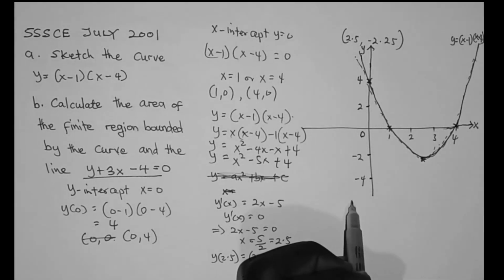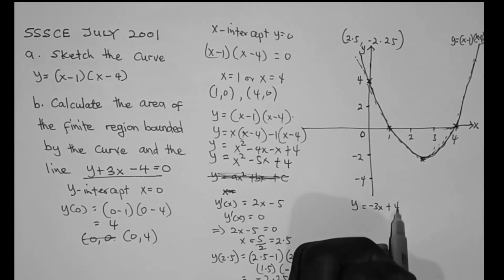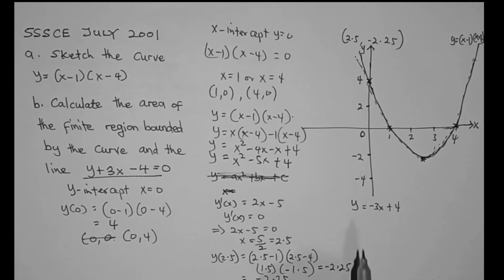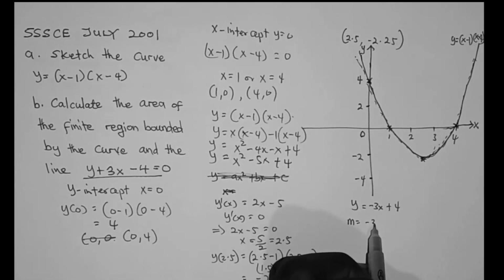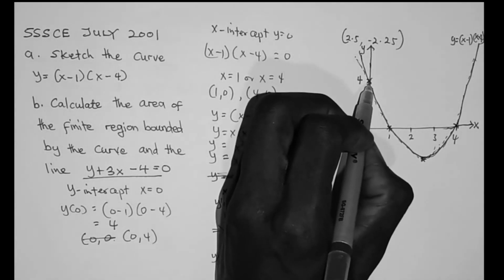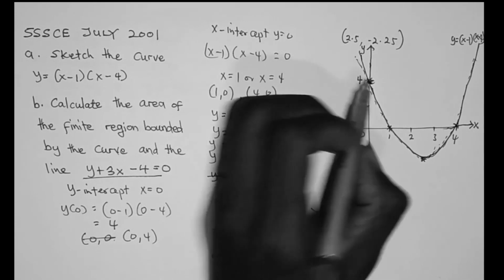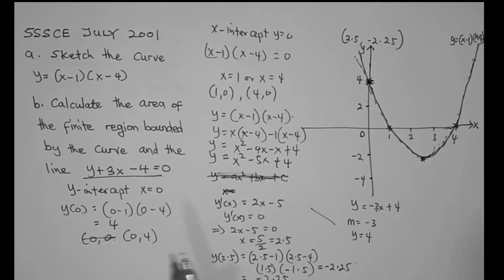So let's make y the subject. In this case, y equals minus 3x plus 4. This is a graph with gradient m equals minus 3 and y-intercept y equal to 4. Since the gradient is minus 3, the line is going to look like this. However, we know that the y-intercept is (0, 4). Then let's find the x-intercept by putting y equals 0.